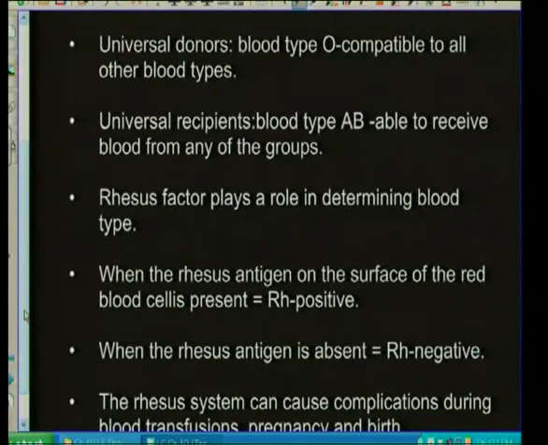But remember, there is another part to this that we need to consider, and that is the rhesus factor. The rhesus factor is a factor that you either have or you don't have. If you have it, you are positive. If you don't have it, you are negative.